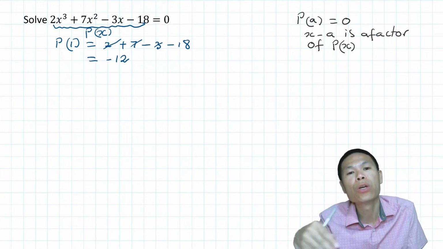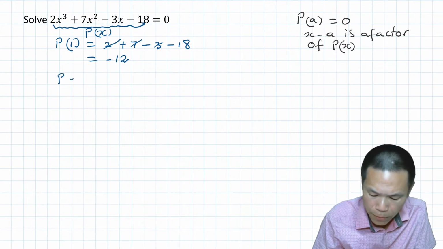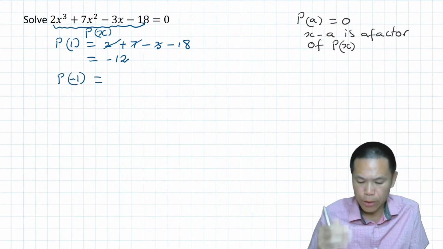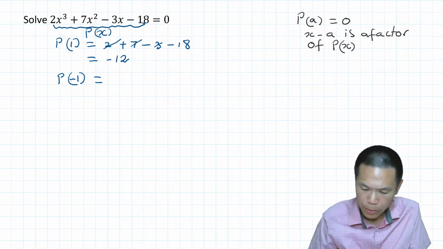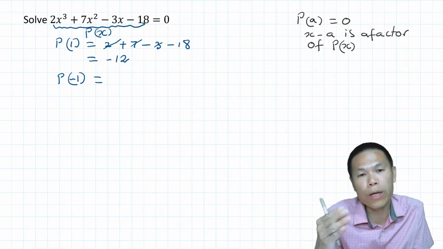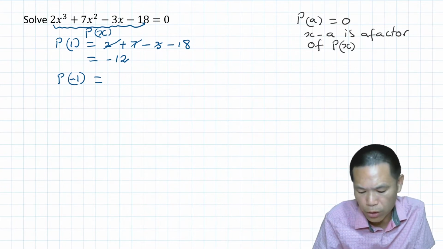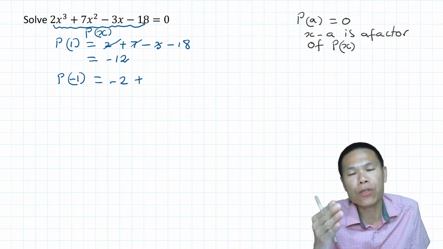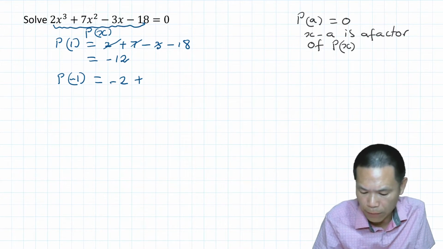So we need to try P of minus 1. So this means that x is replaced with negative 1. So 2 lots of negative 1 to the power of 3; negative 1 to the power of 3 is negative 1, so 2 lots of negative 1 is negative 2. Plus 7 times negative 1 squared; negative 1 squared is 1, so 1 times 7 is 7.